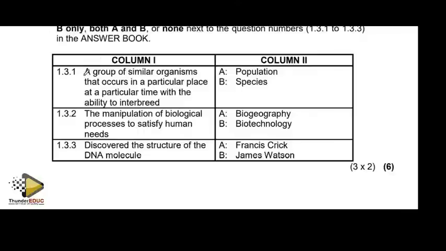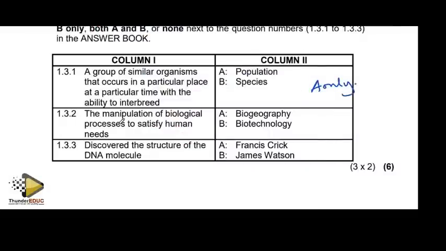What is it? Since it's a group of organisms that are able to interbreed, automatically it is a species, but because it is a group, it's going to become a population. So the word group cancels out for the species and then forms population. So the answer becomes A only.